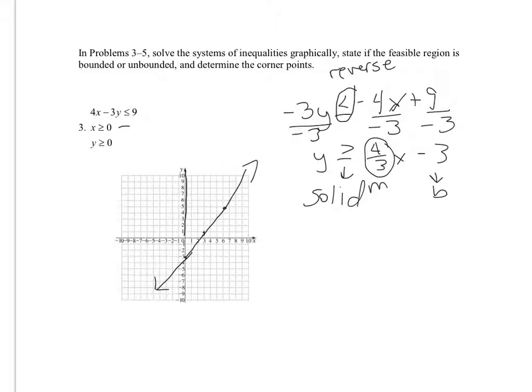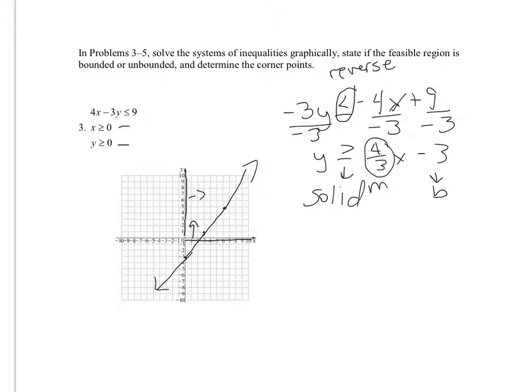And if I want what's greater than or equal to 0, it's going to be to the right of that y-axis, because everything to the right of a vertical line is greater than. Notice we have y is greater than or equal to 0. Well, that occurs on the x-axis, and that means everything that's above the x-axis would be greater than or equal to 0. What I have to determine now is which side of this first line that I graphed needs to be shaded.